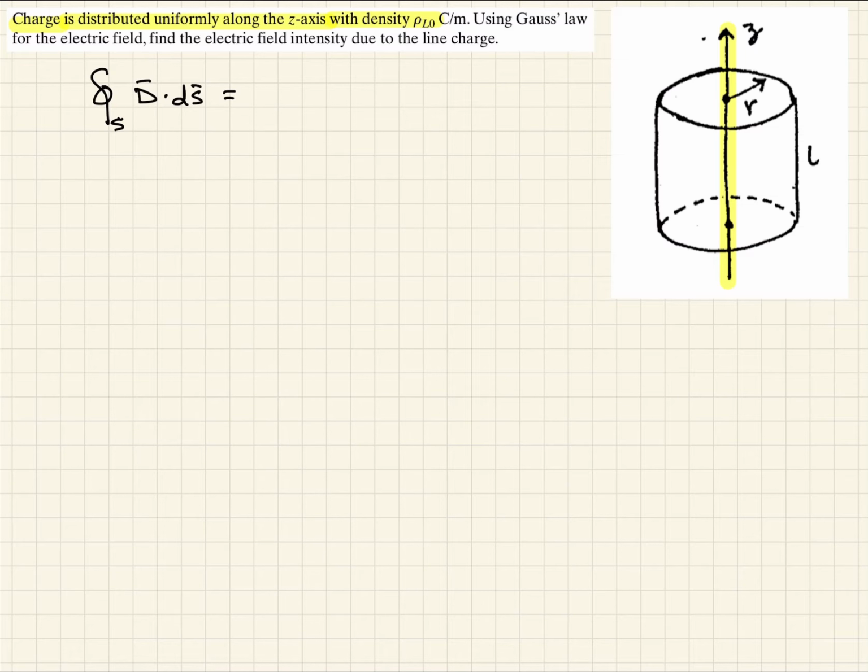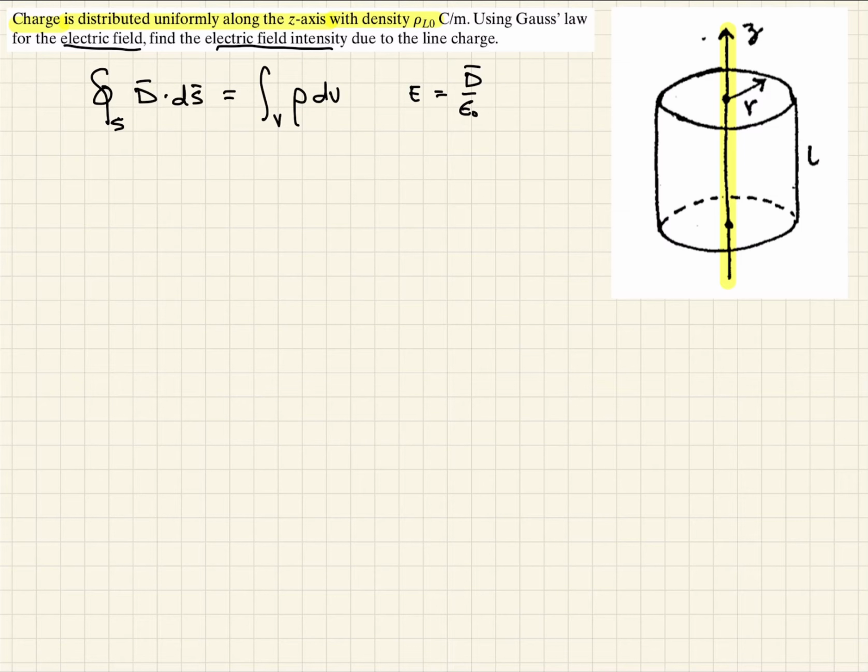And that's equal to integrated over some volume, the charge density over that entire volume. So in this case, we also need to make use of the relationship between the electric field, which is what we're looking for here, electric field intensity, that's equal to displacement over the permittivity. So we're assuming free space in this case.